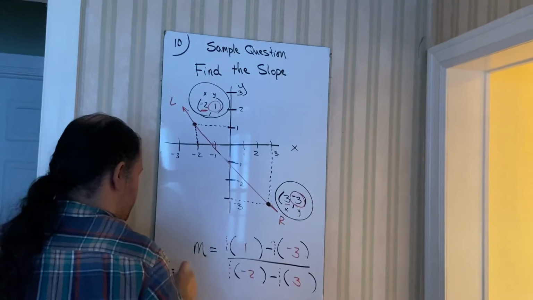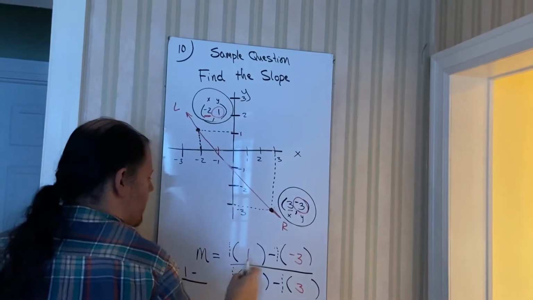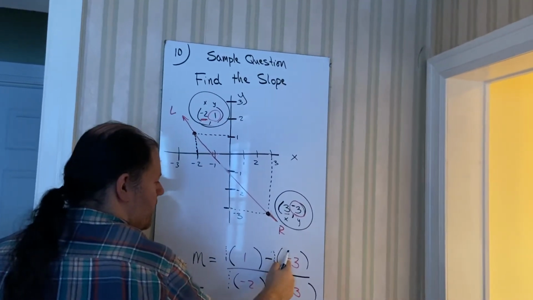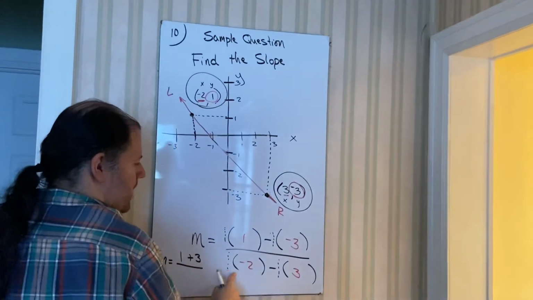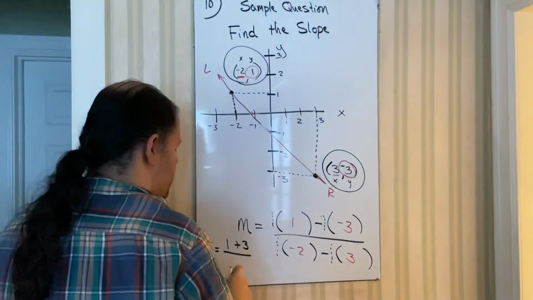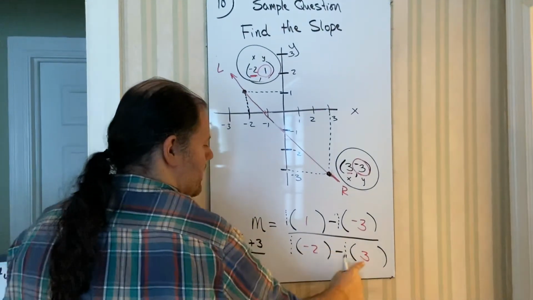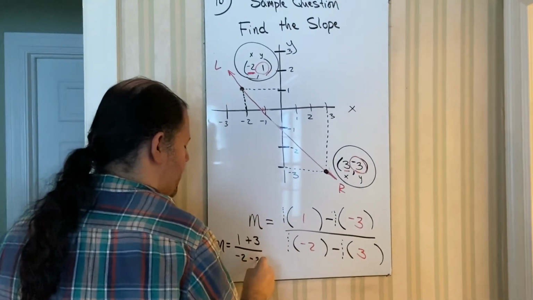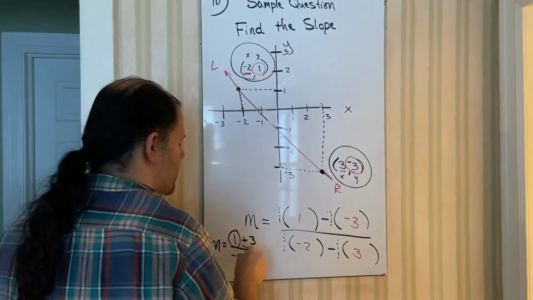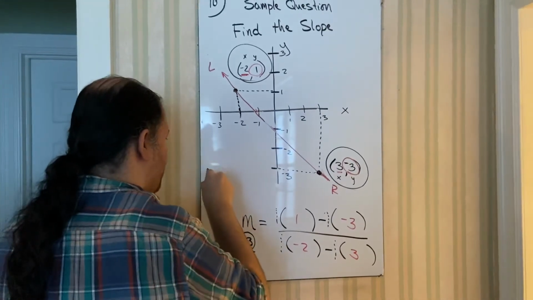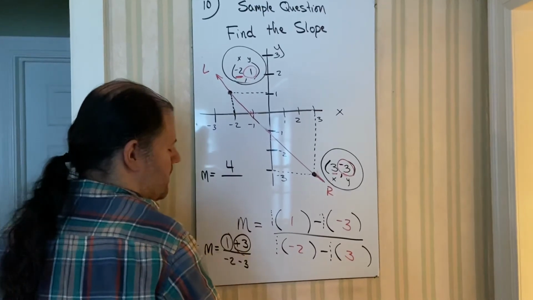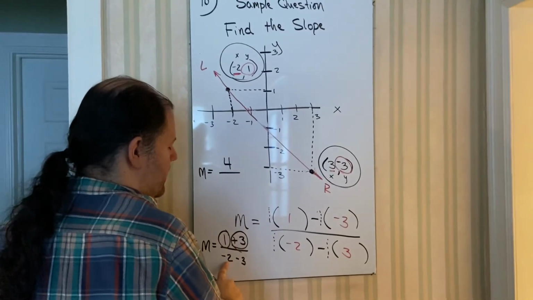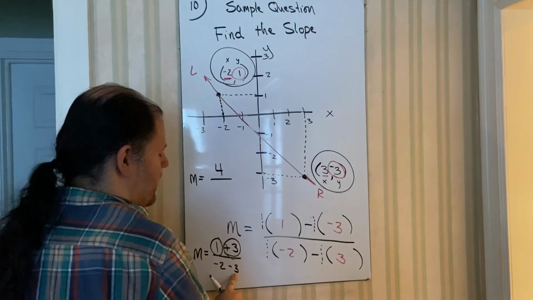1 times 1, it's just 1. -1 times -3 is going to be a +3 at the bottom. -2, and then here, -3. So when I collect, we'll have 4 on top, 1 plus 3, and down at the bottom, -2 and a -3.